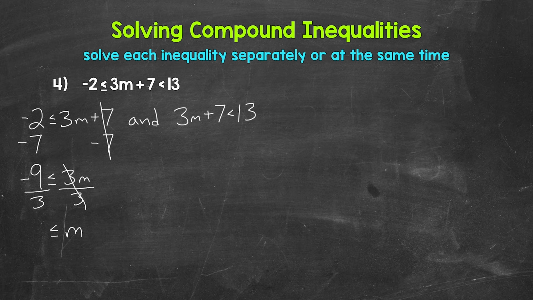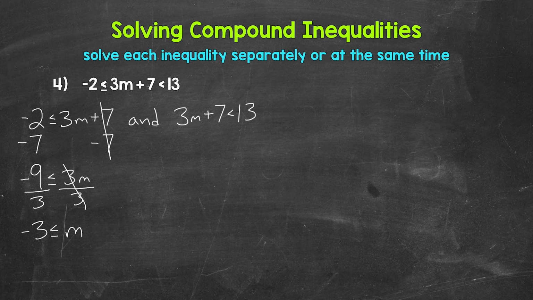Negative 9 divided by 3 gives us negative 3. So we end up with negative 3 is less than or equal to m if we are reading this from left to right. Or we can also say that m is greater than or equal to negative 3, thinking about it and reading it with the variable coming first.